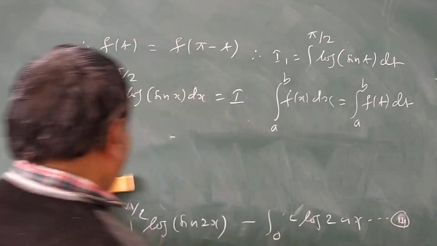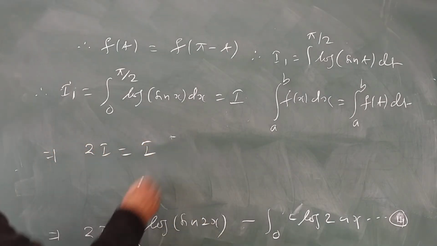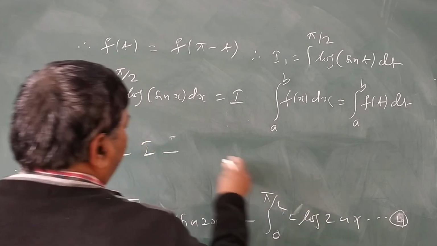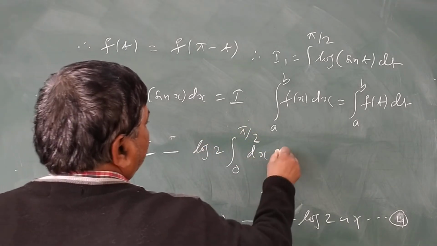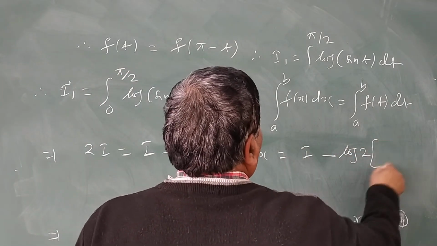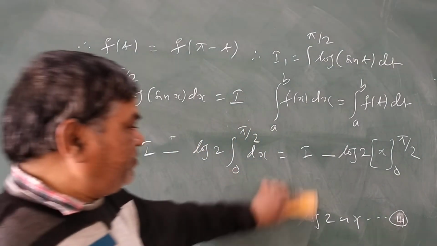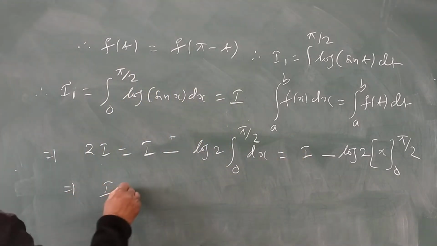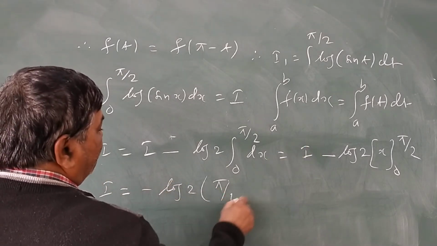Therefore this is 2I; in the place of this one you place I. The log 2 is a constant, so it becomes the integral from 0 to pi by 2 of dx, which is I minus log 2 into x from 0 to pi by 2, from equation number 3. So this is I minus log 2 times pi by 2.